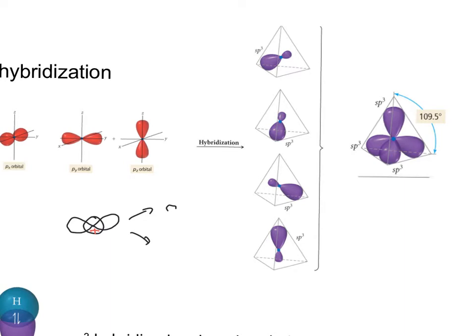The p orbital has a positive and a negative phase relationship, and the node defines the change in the phase. And so here, when you add them together, you're going to get a small negative part and a large positive part. So you got negative here and positive here.